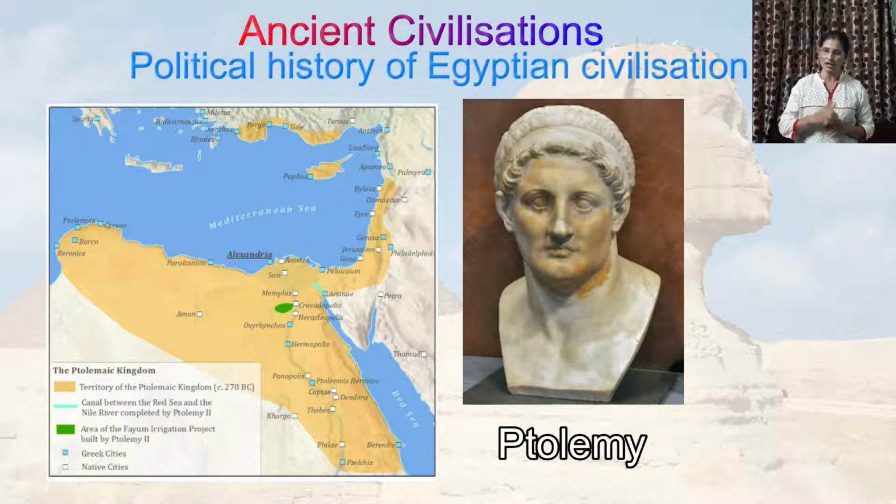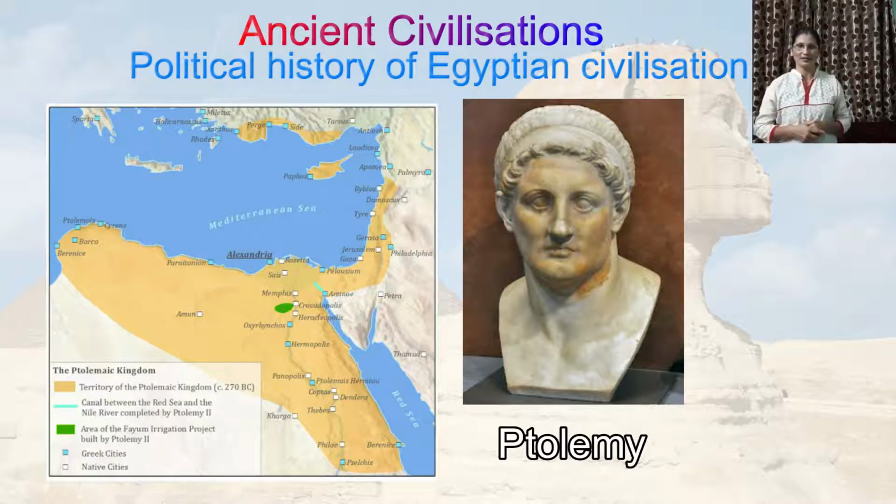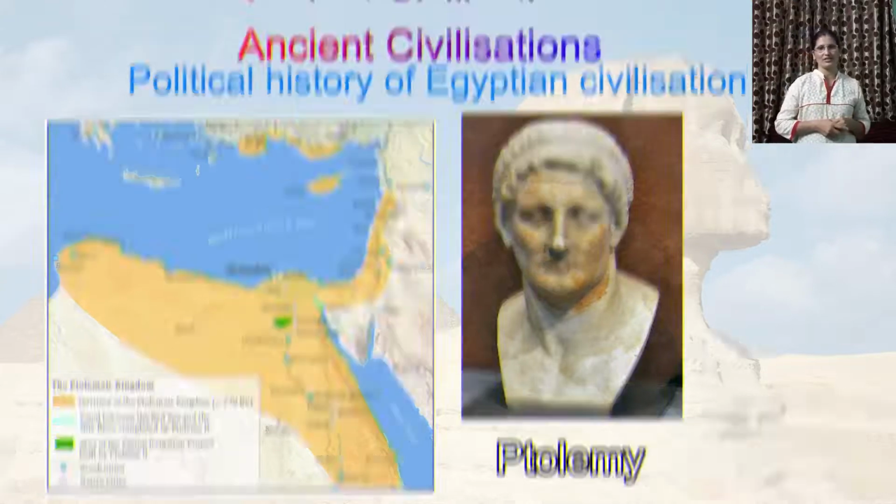Alexander only conquered Egypt, but he did not remain in Egypt. He made Ptolemy his representative to look after the empire. Later, Ptolemy declared himself king of Egypt and established the Ptolemaic dynasty named after him.